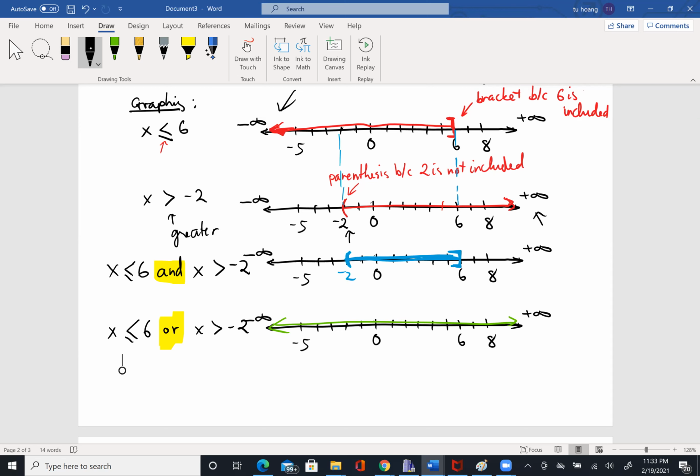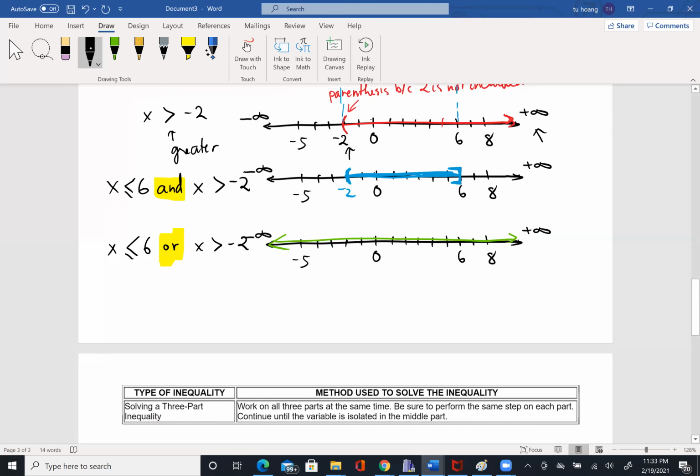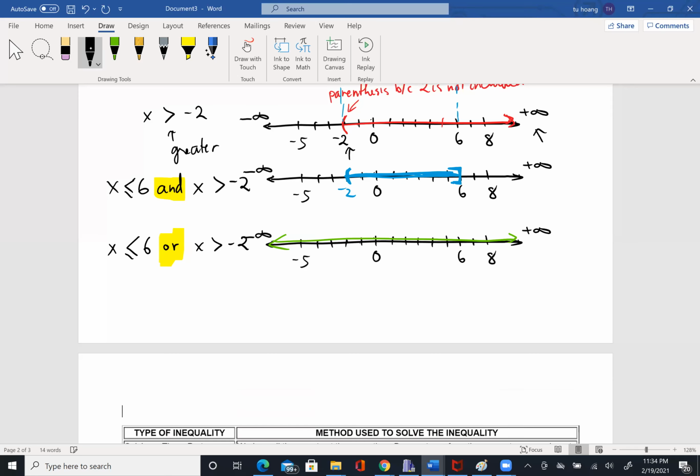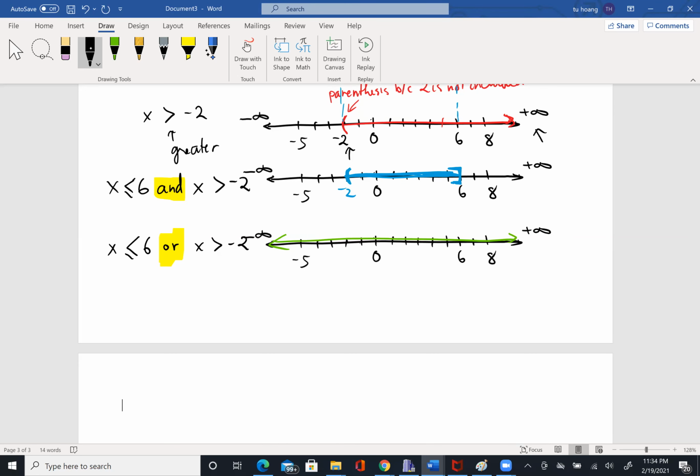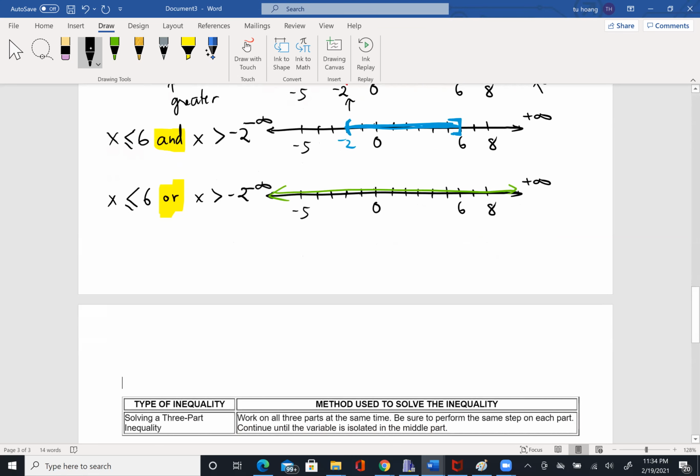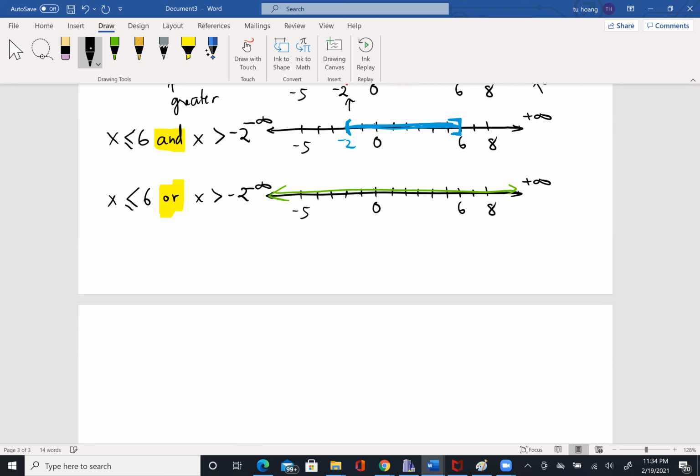Okay. So that's for graphing. Let's have one more example for this and see what happens.